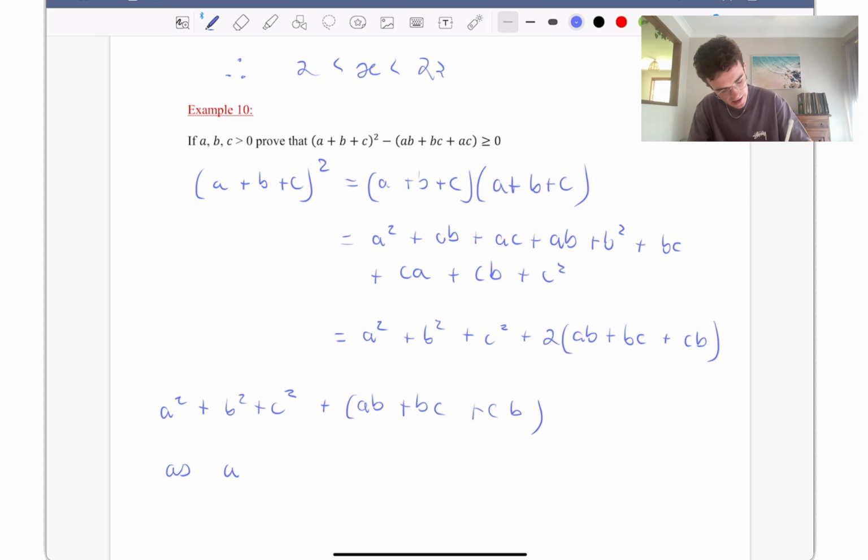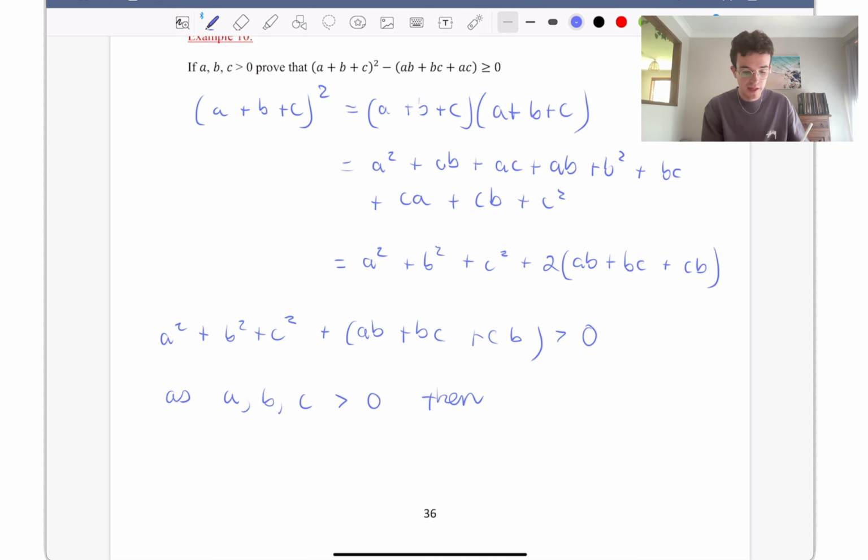So as a and b and c are greater than 0, this expression is greater than 0. And we're done. There are no minuses there, so we're all good.